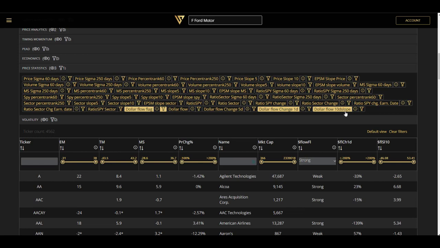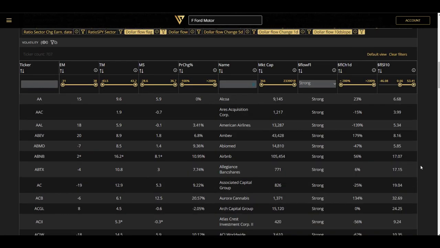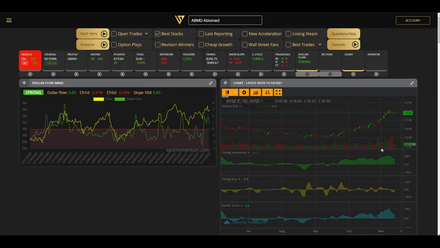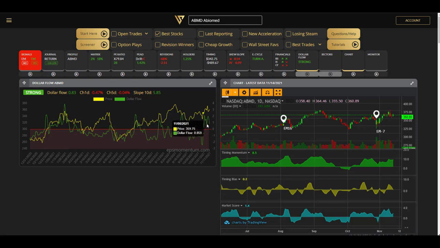So the slope is really the coefficient of the slope of the curve of the money flow. It's over 10 days, so we take the last 10 points, and we tell you if it's heading positively or not. If you have a very highly positive value, and then you click on a name, ABMD, what you would get is a very positive 10-day money flow here.